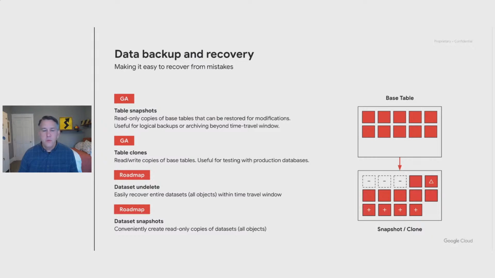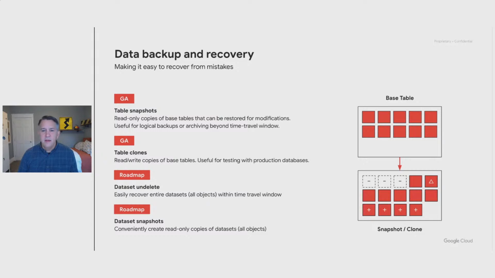Now, table clones are writable versions of base tables, and they allow for read and write operations. And this is really useful for testing production databases in development environments. Now, you don't incur any additional storage for table snapshots and clones until the base table is modified or the table clone is modified.